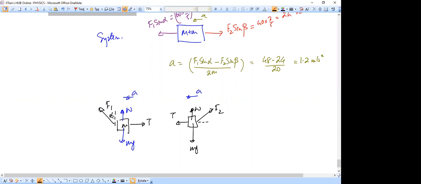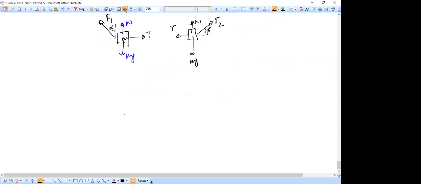So further, if you resolve these forces, so for this one, there is F1 sine alpha and tension. These are the horizontal forces. The rest are vertical forces, we need not worry about them. And this is F1 cos alpha, normal reaction, let's say N1 and mg. But we need not worry about this.